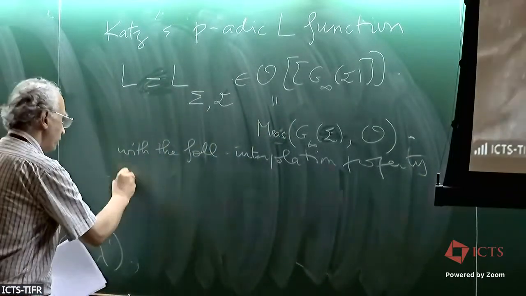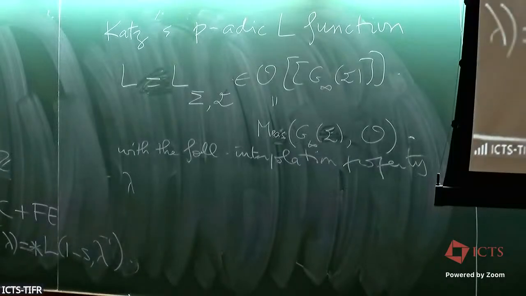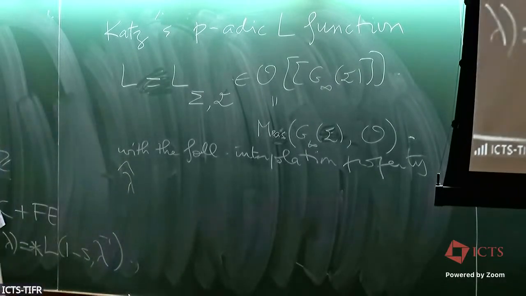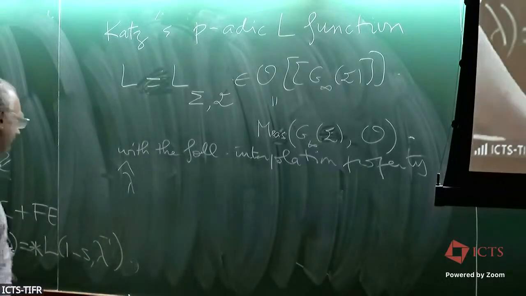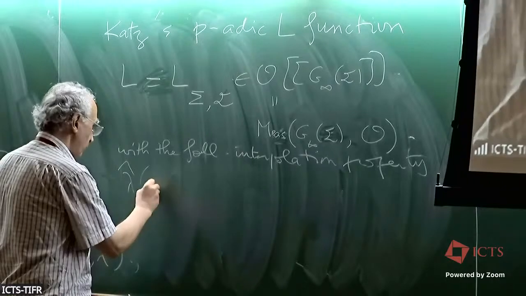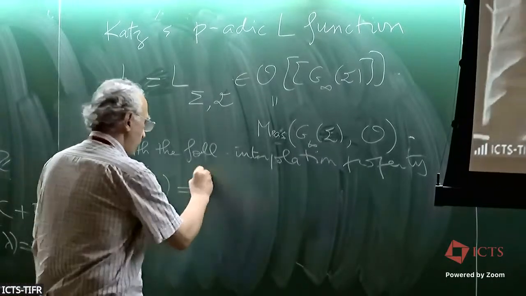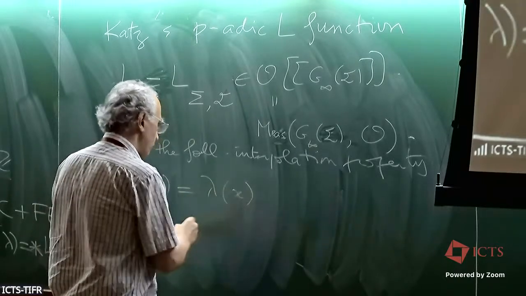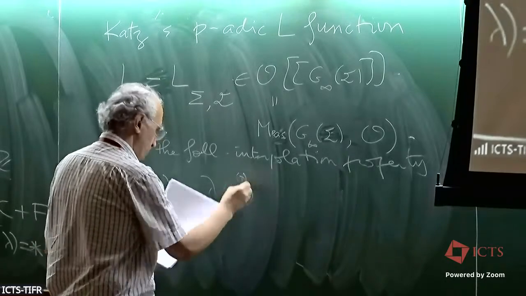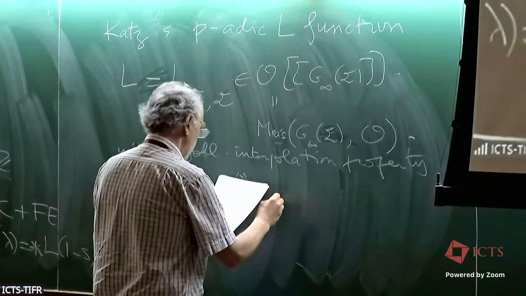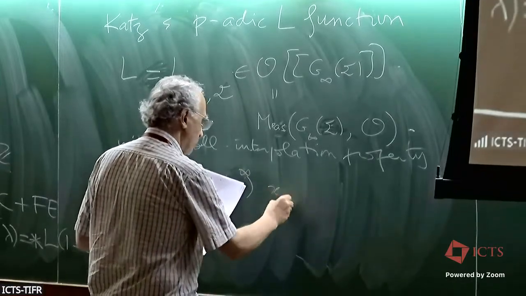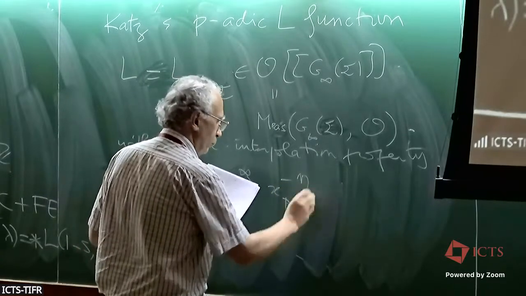When we have a character lambda of this type, there is a p-adic avatar. The notion comes from Weil, who was a big India lover. Lambda hat of x is defined to be, if you like, iota lambda of x outside p, times, outside infinity, x_p to the minus eta iota_p.